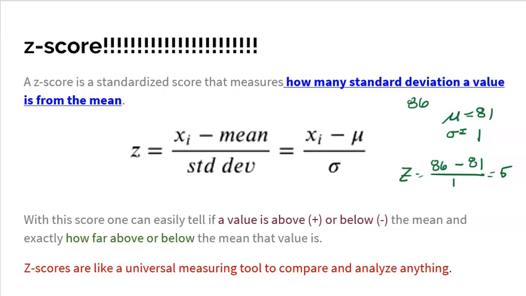So if we're talking about apples versus oranges, for example, you could say, well, is that apple or that orange bigger? Well, that's not a fair comparison at all because apples are apples, oranges are oranges. But if you find the z-score for that apple and the z-score for that orange, then you could get a really good feeling for which is the bigger of the two fruits, because you're comparing it to the mean of all of that fruit.